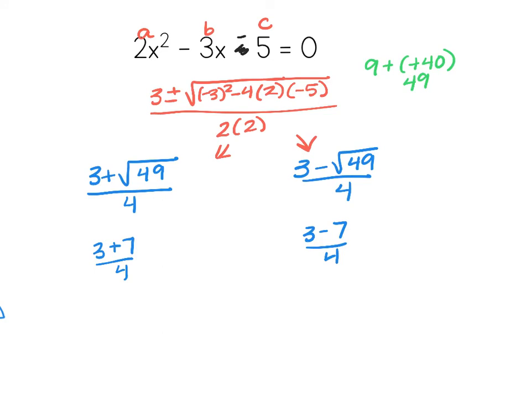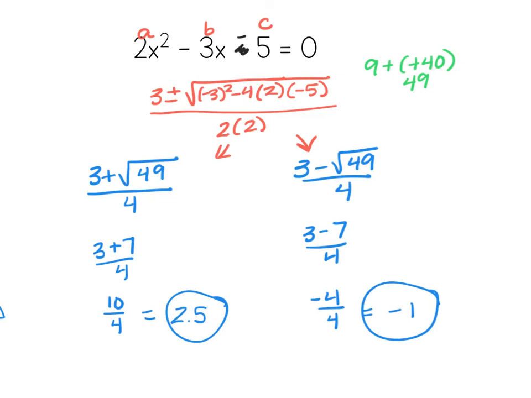So this becomes 10 over 4 and negative 4 over 4. 10 over 4 simplifies into 2.5. Negative 4 over 4 simplifies into negative 1. So those are both of our solutions to that equation.